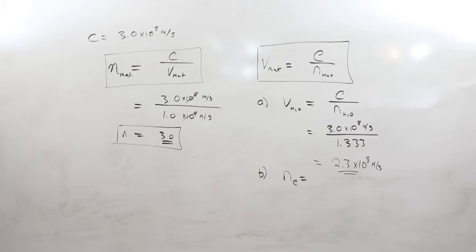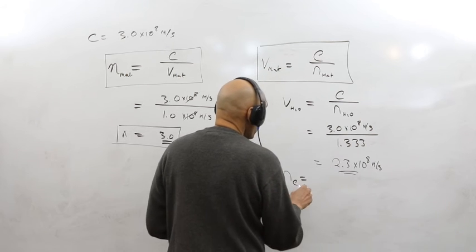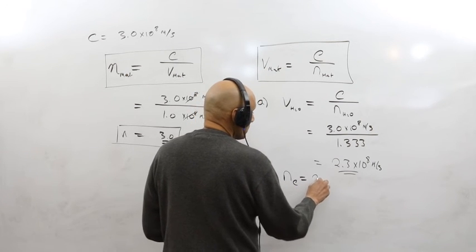It's in the notes. So it's 2.417. So we're told that diamond, which is pure carbon, is 2.417.